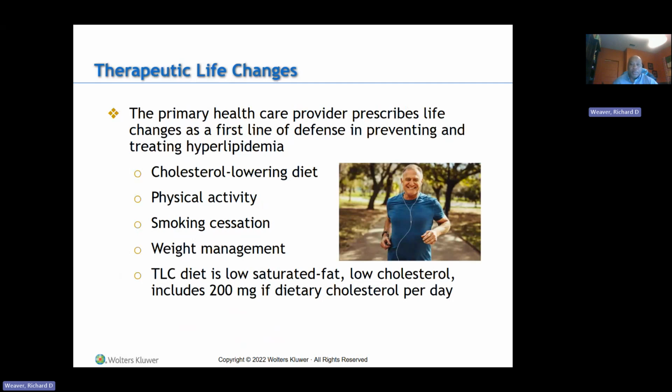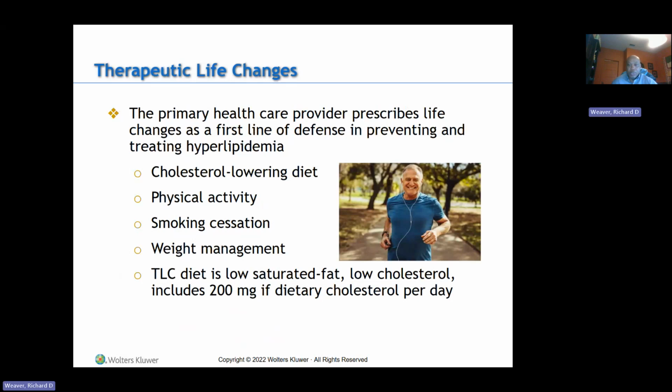Now, if these therapeutic life change activities do not result in bringing blood lipid levels to more therapeutic levels, then the clinician or your primary care provider may then add one of the anti-hyperlipidemic drugs to the treatment regimen.